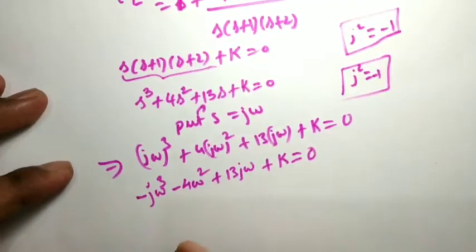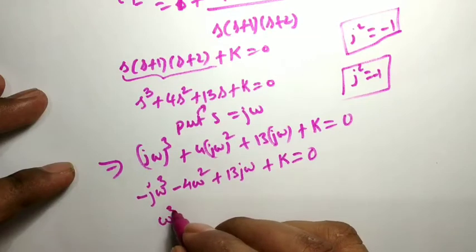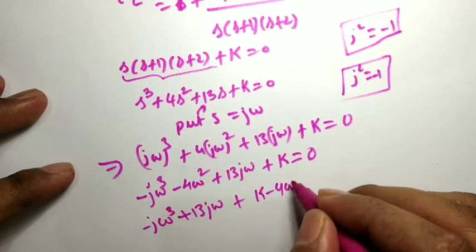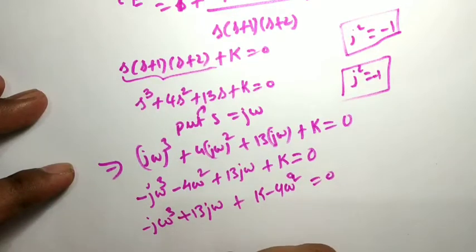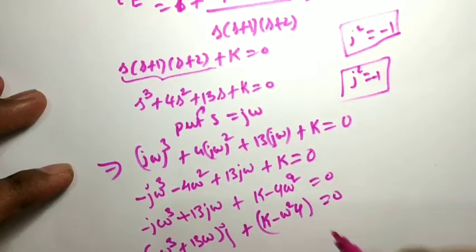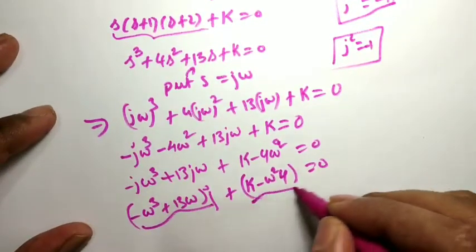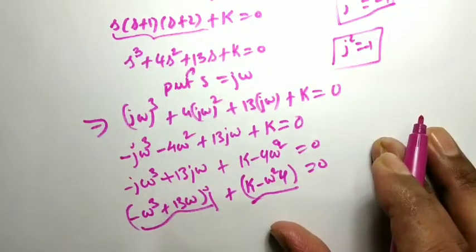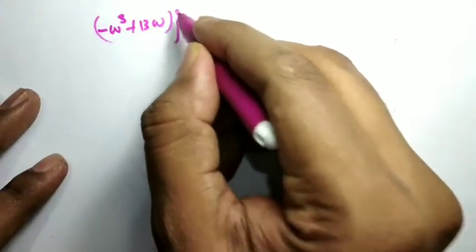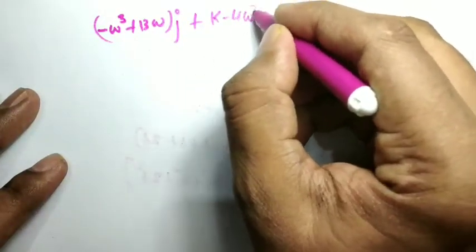You separate the imaginary part and the real part. When you separate this, you get minus omega cubed plus 13 omega, times j, plus k minus 4 omega square, is equal to 0.